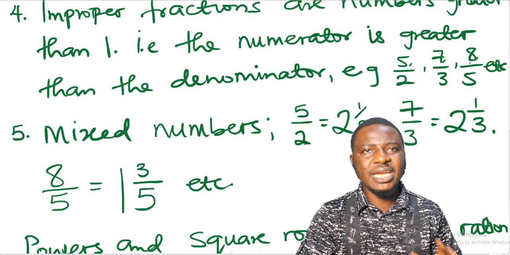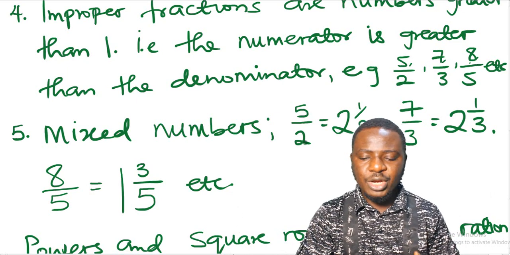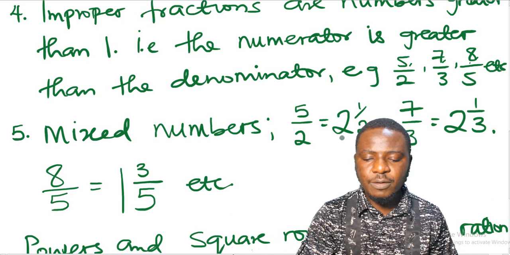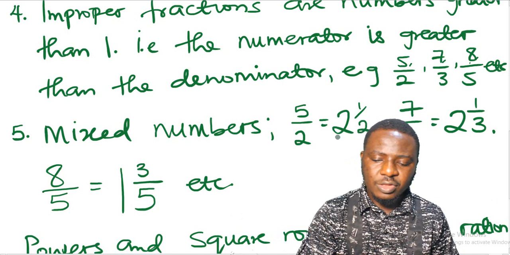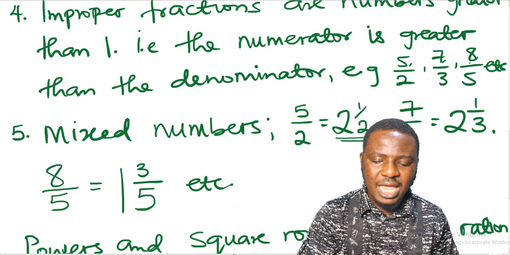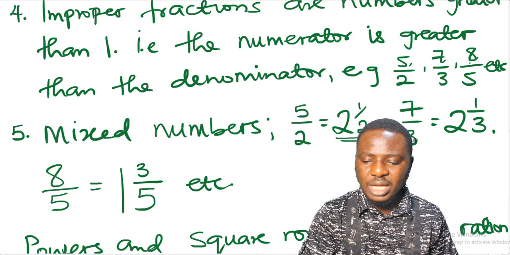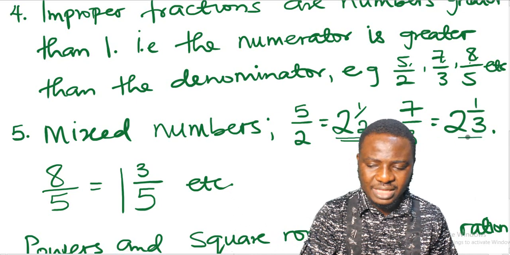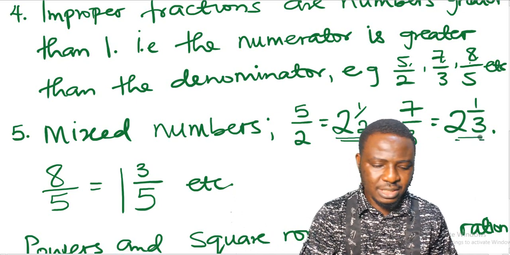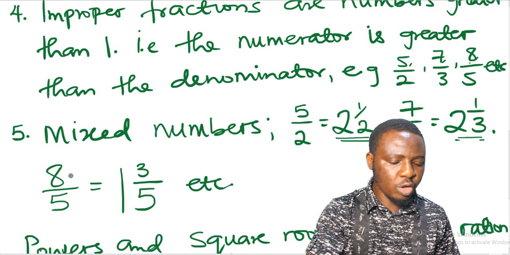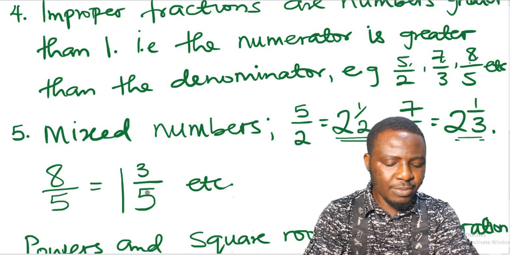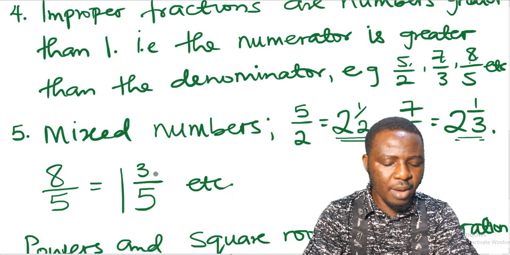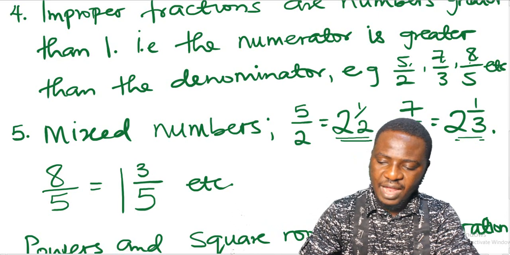5 over 2, which is an improper fraction, can be simplified to 2 whole number 1 over 2, or 2.5. This is referred to as a mixed number, while 7 over 3, which can be simplified to 2 whole number 1 over 3, is also a mixed number. We also have 8 over 5, which is simplified to 1 whole number 3 over 5.